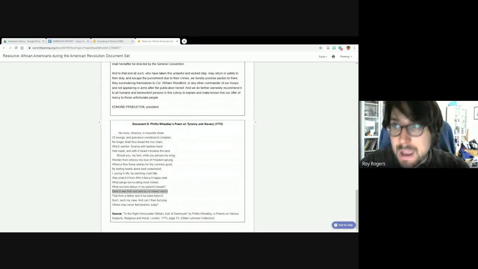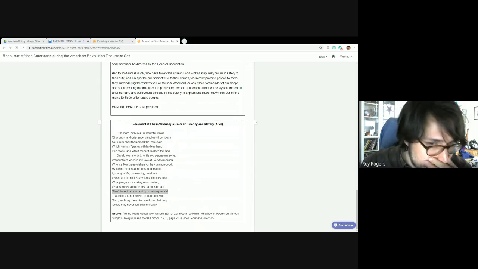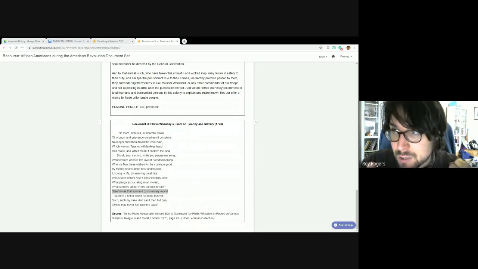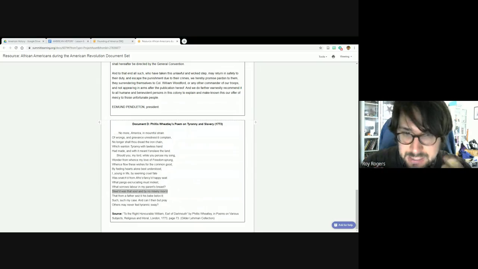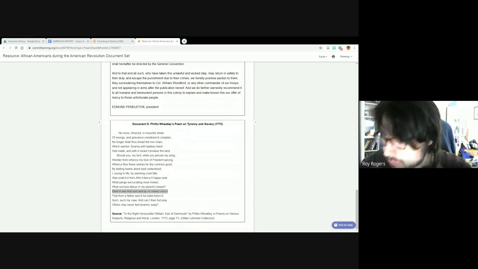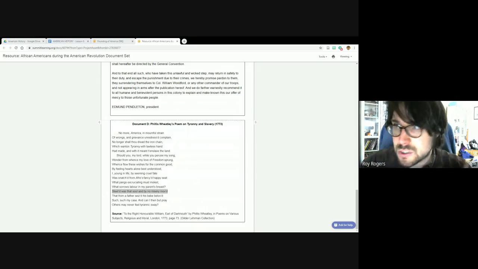It's describing how horrible slavery is. She was snatched from Africa, where she was happy with her family, and it broke her parents' heart that she was stolen. So she's pointing out how horrible slavery is, okay?